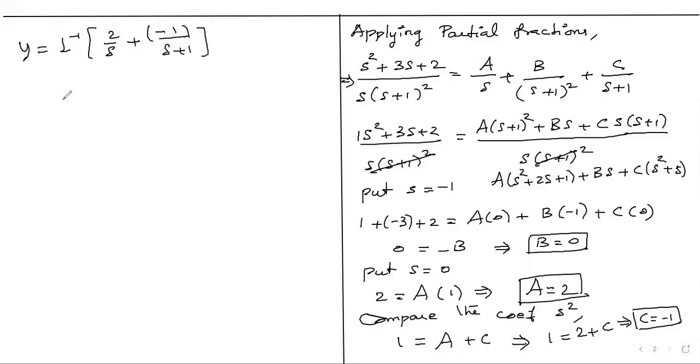And now just split this: Laplace inverse 2 over S negative Laplace inverse 1 over S plus 1. So this 2 over S Laplace inverse is just 2 times 1, so 2, minus Laplace inverse of 1 over S plus 1, which is e to the power minus t. So this is my y.